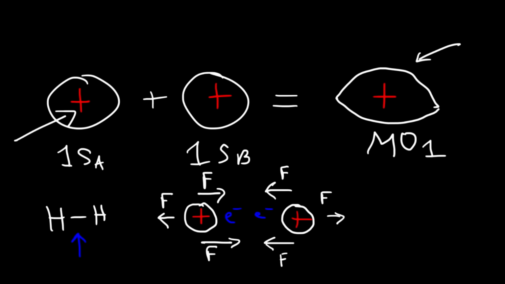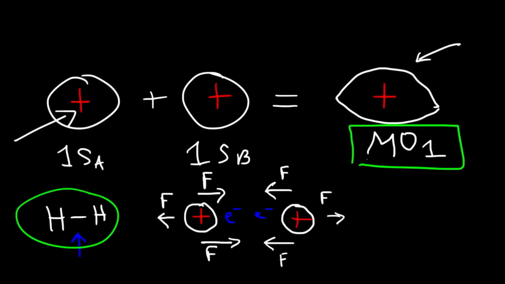With reference to the protons only, there are 4 forces that want to bring the two hydrogen atoms together, and 2 of them that want to pull them apart. So when the electrons are between the nuclei of the hydrogen atoms, it favors bond formation. It favors the formation of a molecule. And so that's the situation that we have in this bonding molecular orbital. The electrons are between the nuclei.